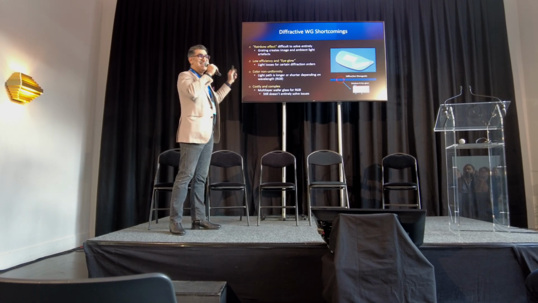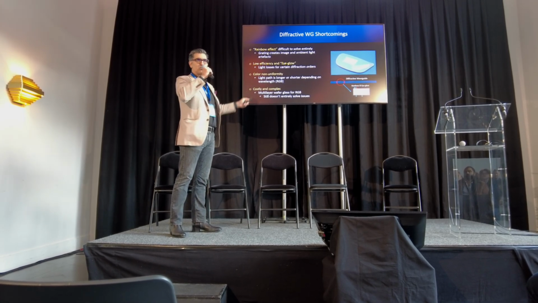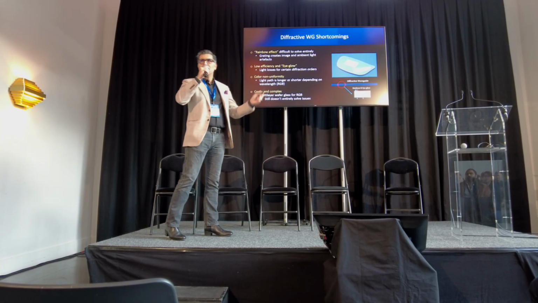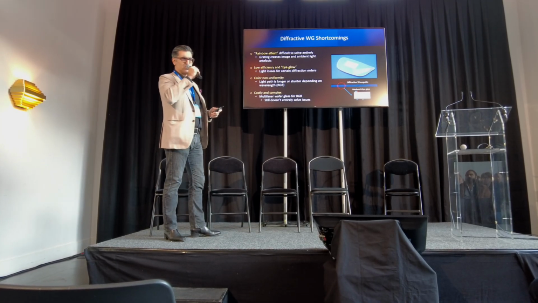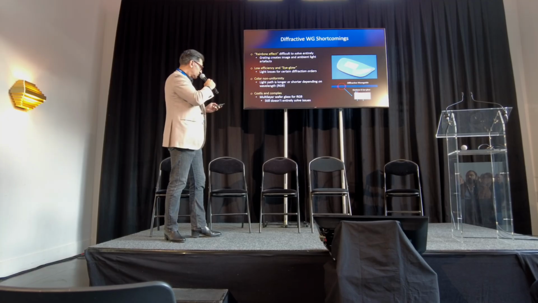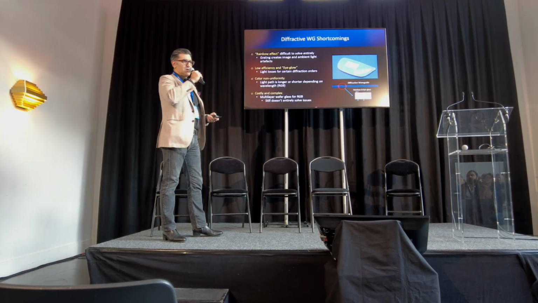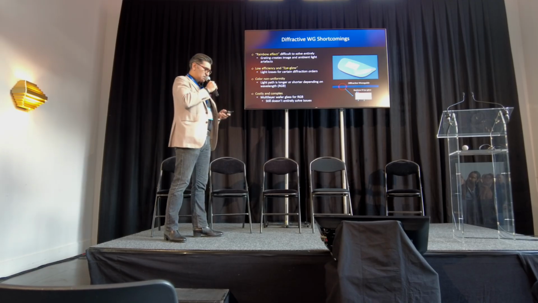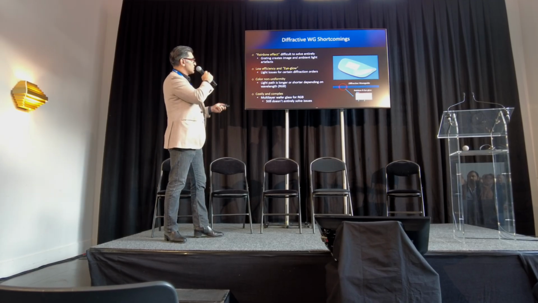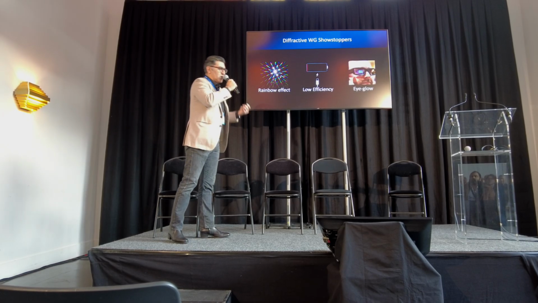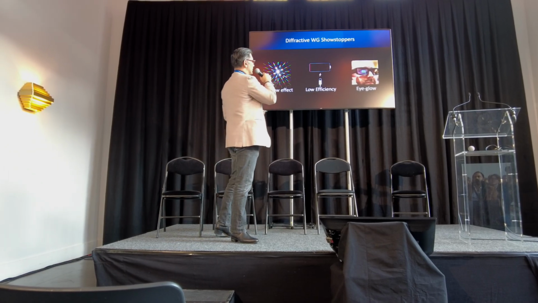We're talking about nanometric structures that have to be either imprinted or etched onto glass substrates. And there's multi-layer wafer glass, which again makes things more complex, but still doesn't entirely solve some of these issues. So, for us, there are some big showstoppers here with diffractive.